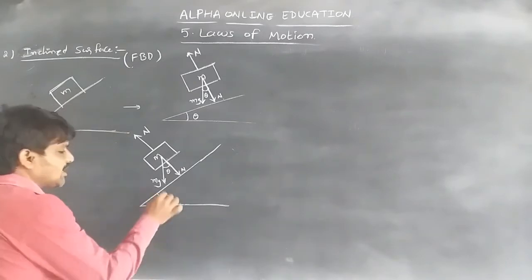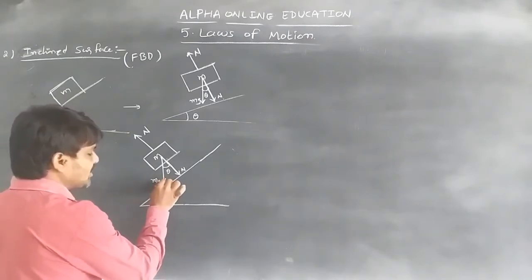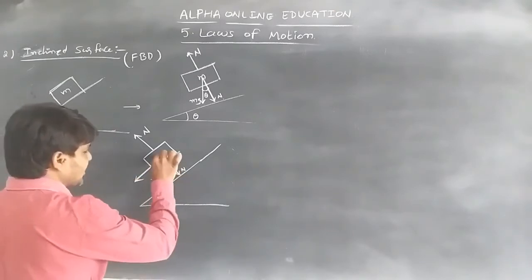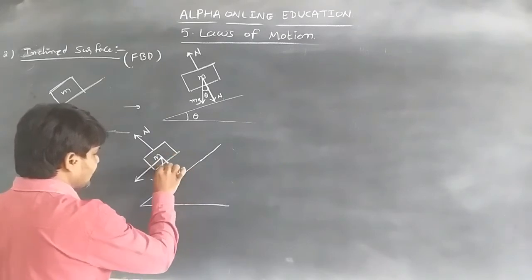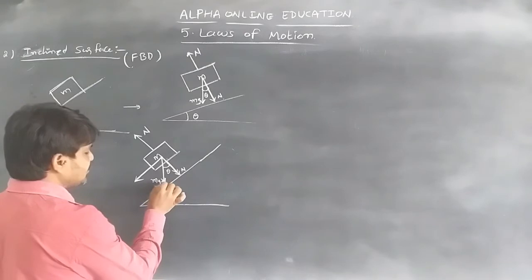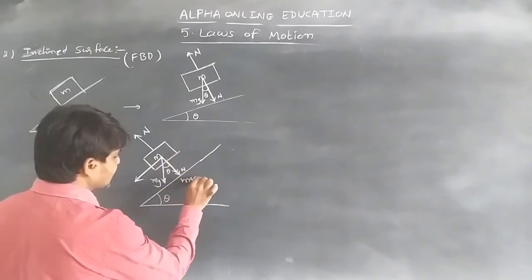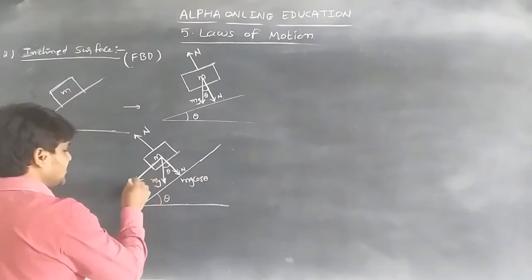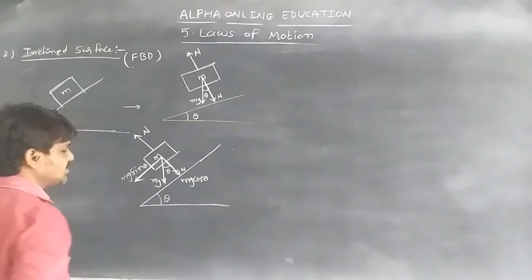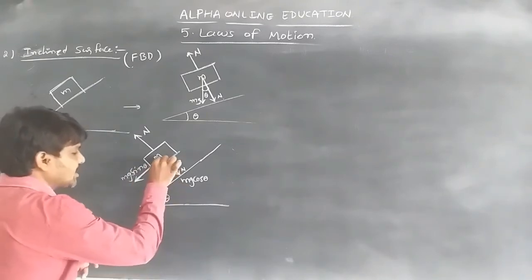So by taking the rectangular components of mg, the components are acting at equal angles with the main resultant. So this component will be mg cos theta and this component will be mg sin theta. We are taking the components of mg.